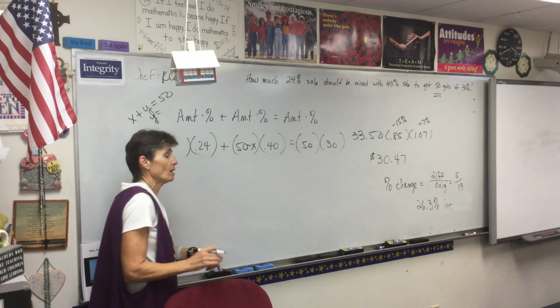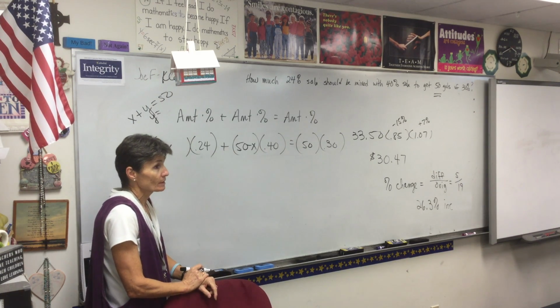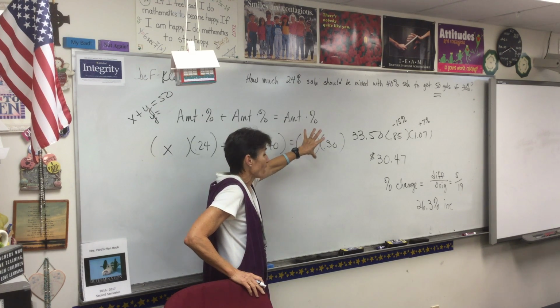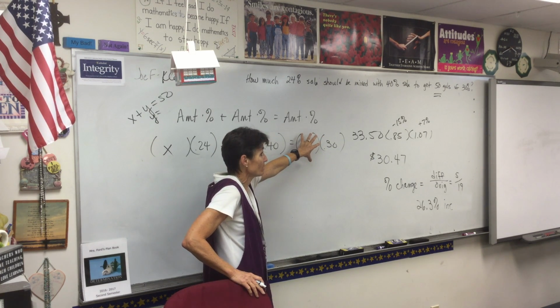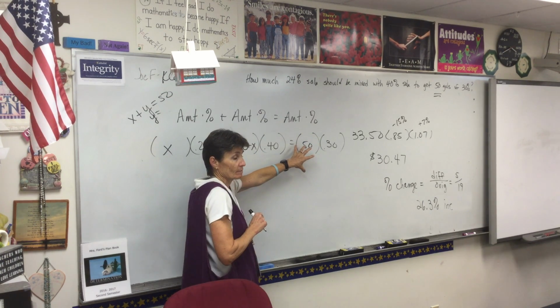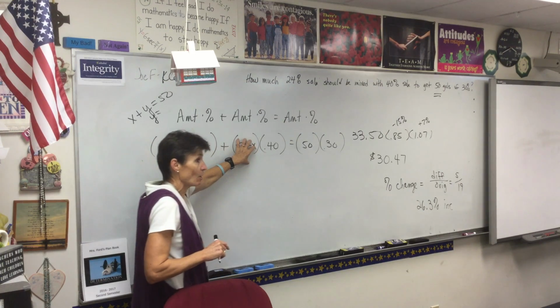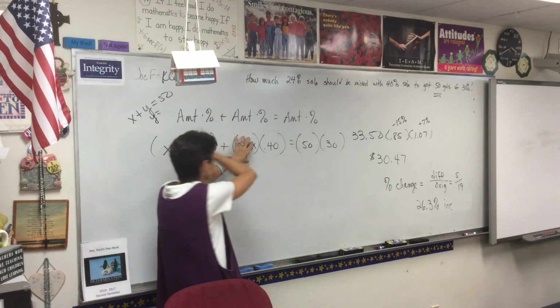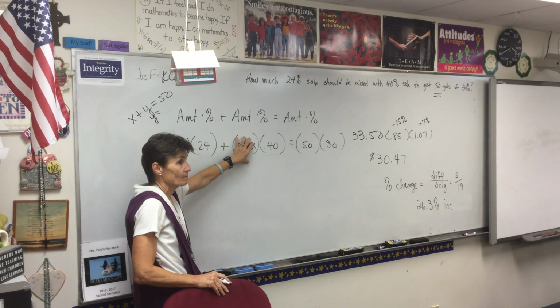A little bit ago, I told you that if your unknown is over here, if your empty parentheses is over here, it's always going to be these two added together. If your unknown is over here, on this side of the equal sign, it's always going to be these two subtracted.